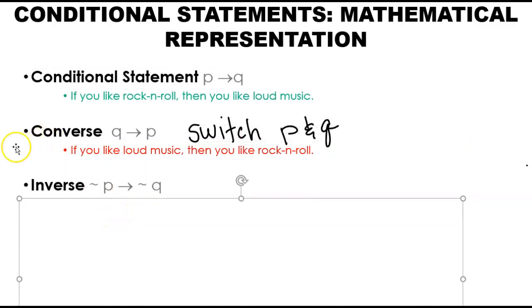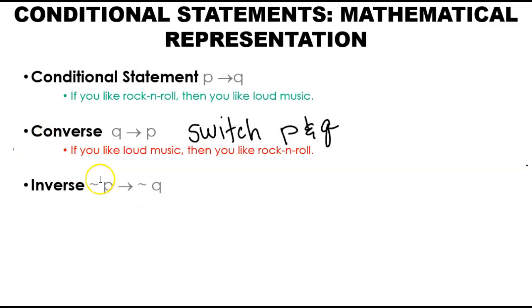The next one is the inverse. Okay, so what these squiggly lines mean is not, or you negate them. Okay, you negate them. I'm going to write that down. So we're going to negate P and Q. So to negate something, it would be like if my original statement said, I like broccoli.